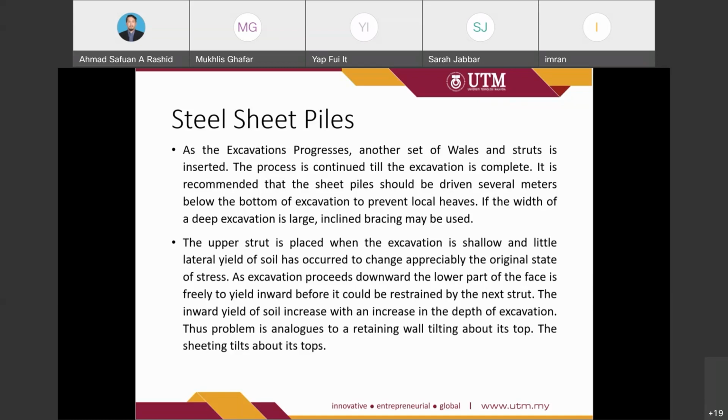The inward yield of the soil increases with the increase of the depth of excavation. This problem is analogous to a retaining wall tilting about its toe; the sheeting tilts about its top. So this is just a further explanation of the soil behavior. To overcome the lateral yield, that's why they include the next strut.